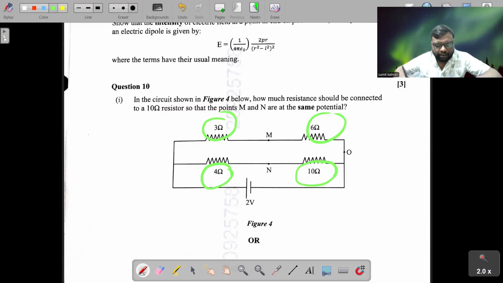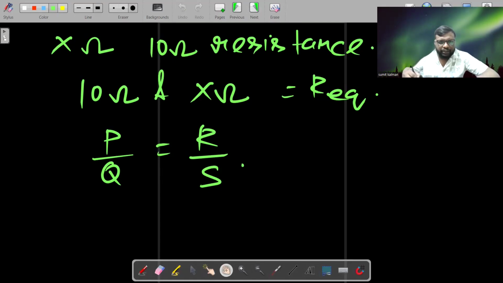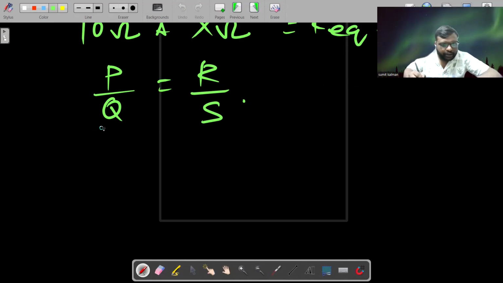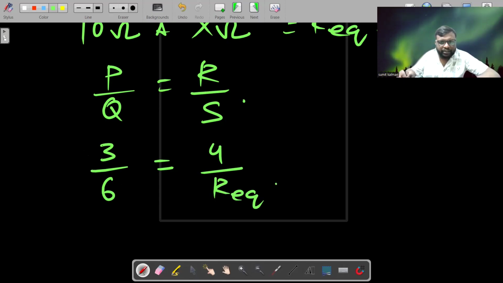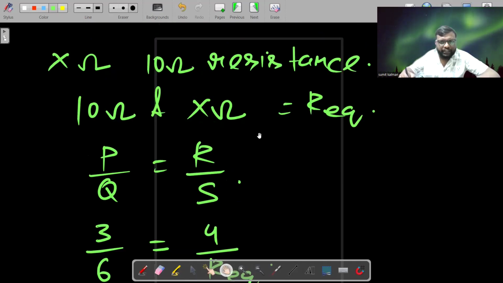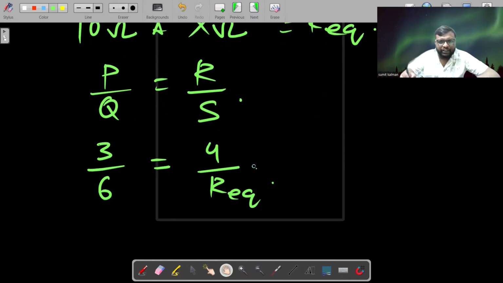Now students, we'll proceed for the next step. So here, P is 3 ohm, so 3 upon 6, Q is 6 ohm, is equal to R is 4 ohm, and S is modified 10 ohm, that is R equivalent. Here we assume that the equivalent of 10 ohm and X ohm is R equivalent, so I'm just writing R equivalent in terms of S ohm.